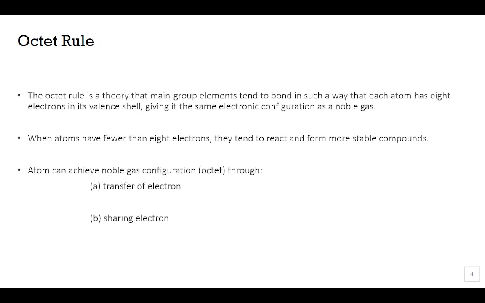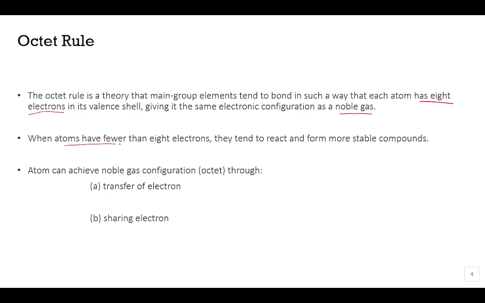Octet rule. So what is octet rule? Octet rule is the theory that main group elements tend to bond in such a way that each atom has 8 electrons. Octet from the word octagon, right? So octet is 8. In its valence shell, giving the same electronic configuration as noble gas. Noble gas here we are referring to gas at group 18, so it has octet configuration.